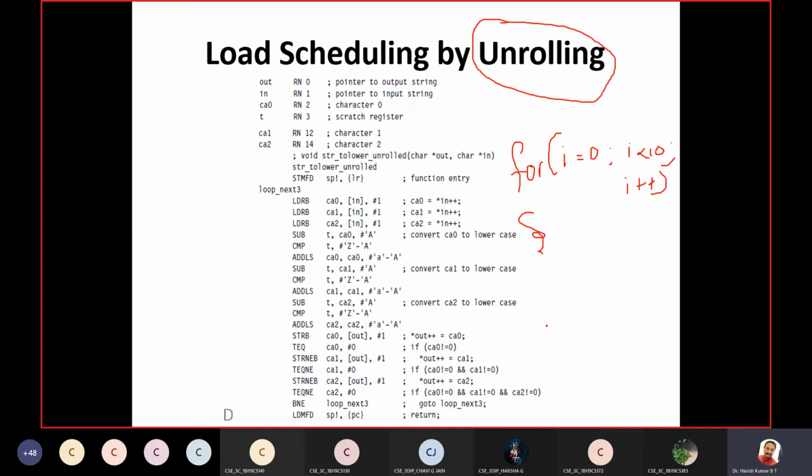And I write some statement here, say i is equal to i plus 1. Now how many times does this statement get executed? 10 times. 0 to 9, 10 times.